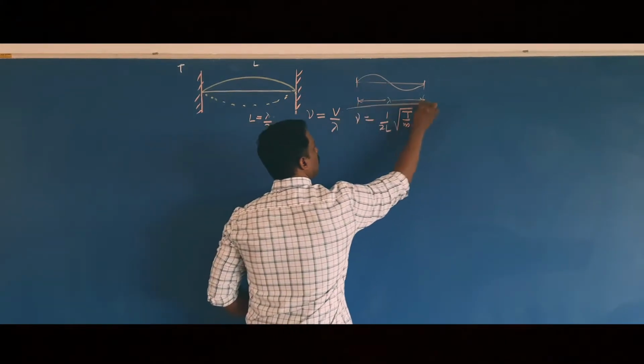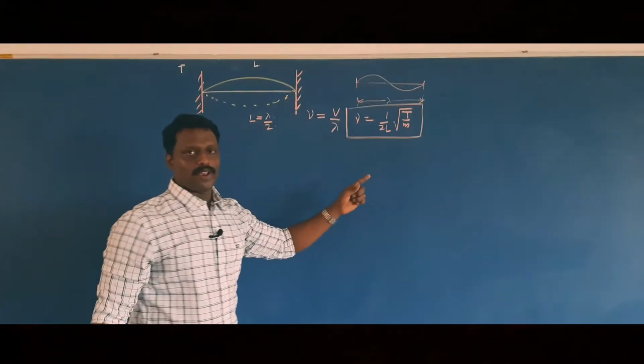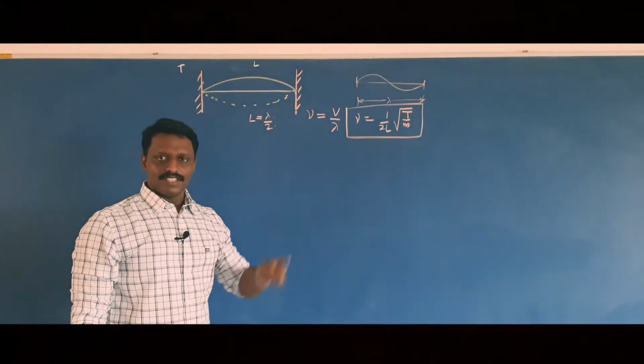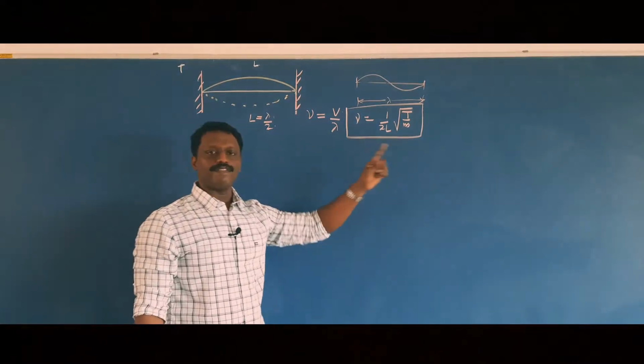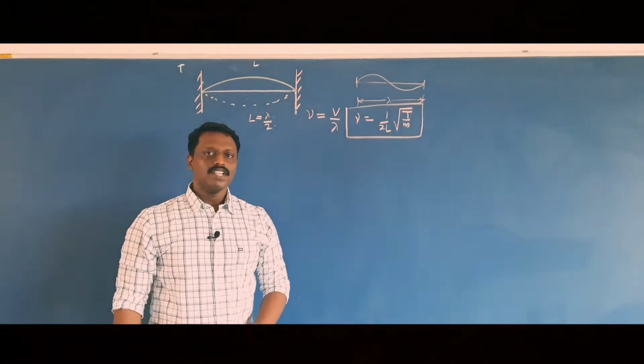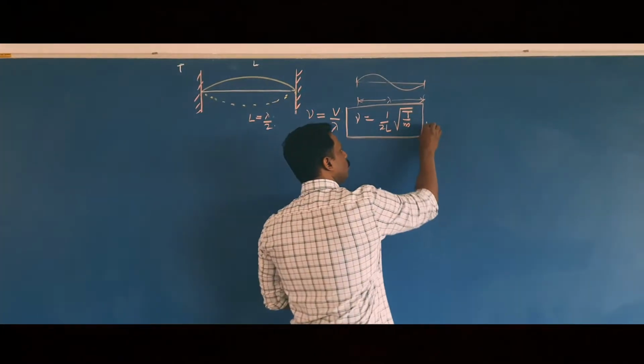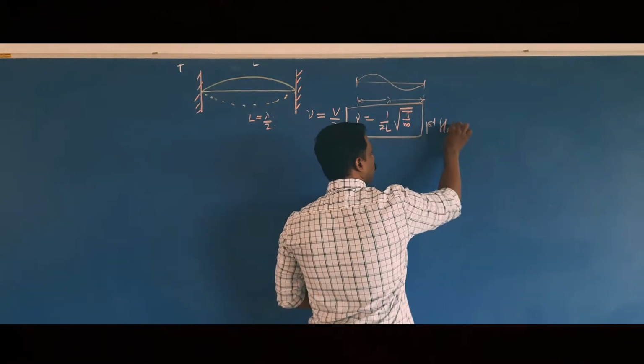So this is the expression for the frequency of the wave formed. Since this is the fundamental mode, this is the fundamental frequency. The fundamental frequency is also known as the first harmonic.